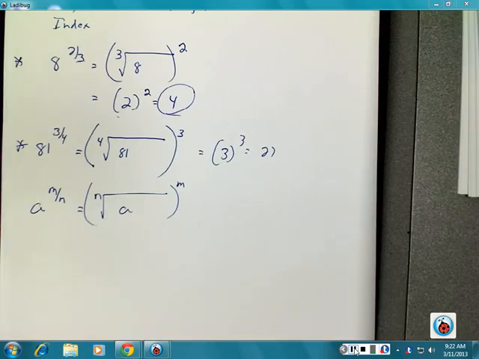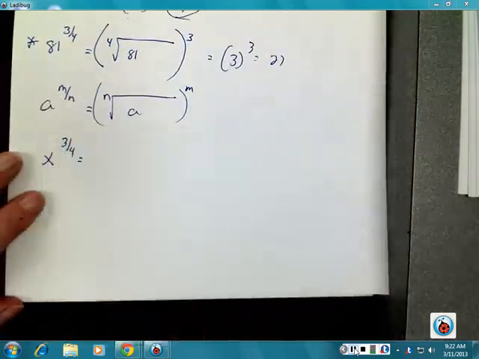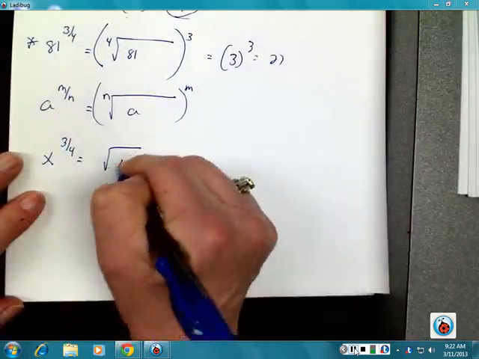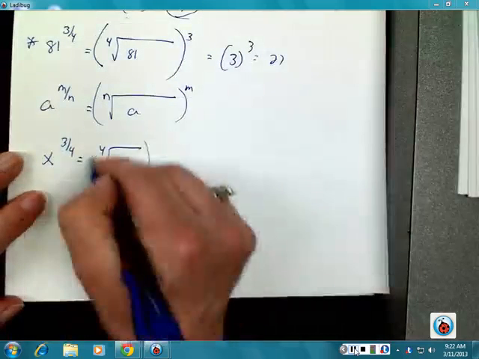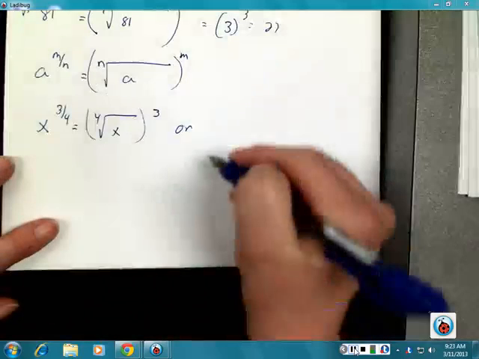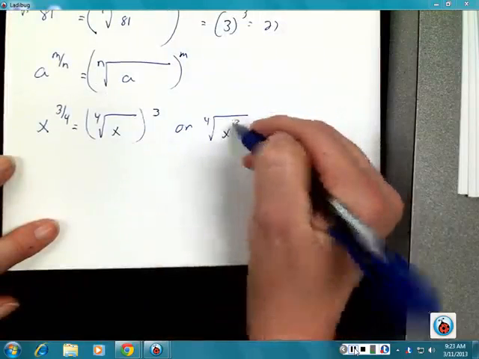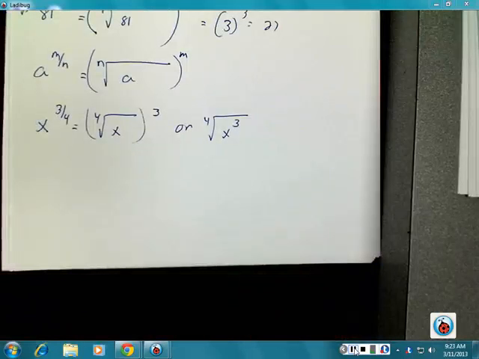Okay? When you have letters involved, x to the 3/4, that means I have the 4th root of x raised to the 3rd power. Or you can also write this one as the 4th root of x to the 3rd power underneath. So you can write it both ways.